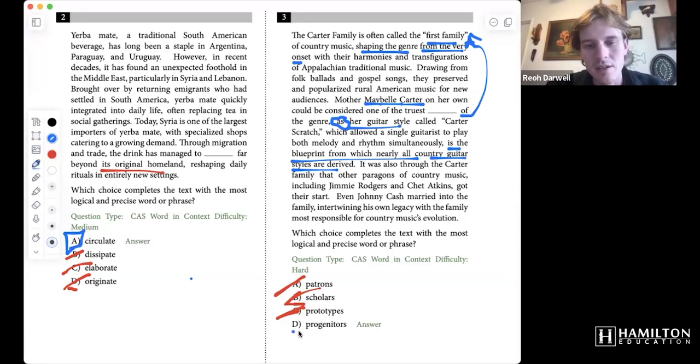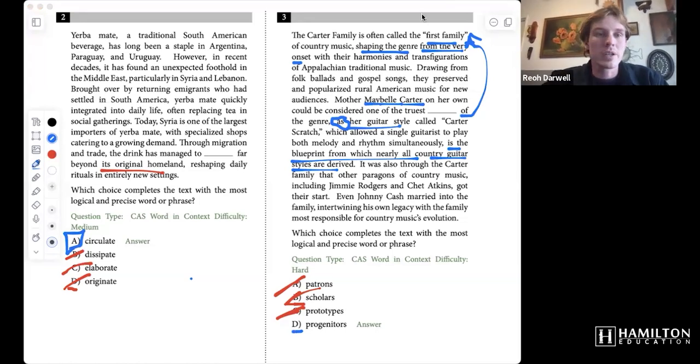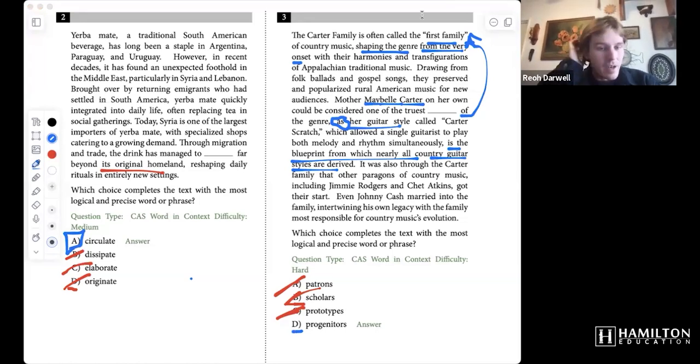So then we've got progenitor. Ooh, okay. This works perfectly, right? What does a progenitor mean? Well, it is a person, really, from which everything else descends. In the Bible, Adam and Eve are the progenitors of all of humankind, right? So we're all cousins then. Think of this word, progeny.